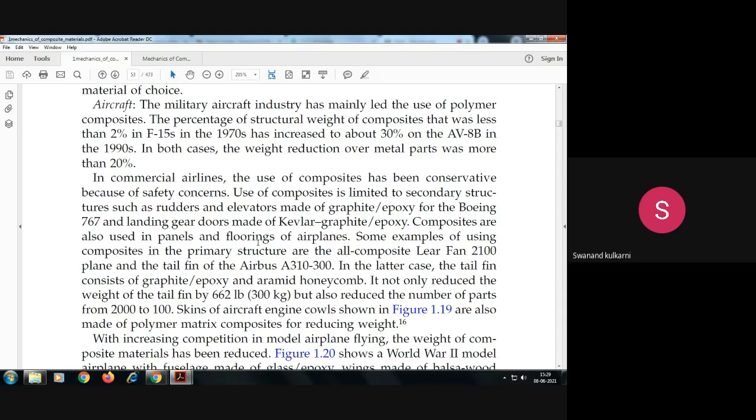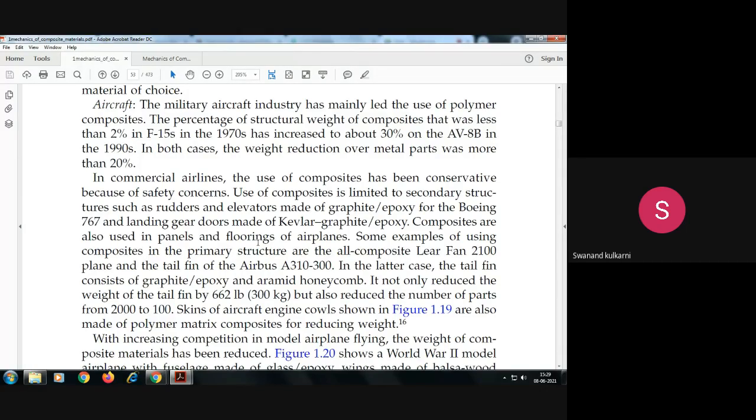So in military aircraft, if we take the example of Boeing 767, in that the Kevlar graphite epoxy composite is used. So Kevlar graphite combined with epoxy as material. Epoxy as a matrix material, Kevlar as a reinforcement material, and graphite also reinforced material. So like graphite, Kevlar is also one of the kind of material which is introduced inside the epoxy, and this is a hybrid composition.